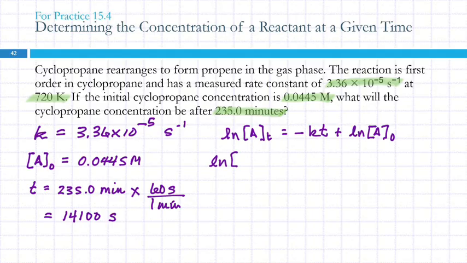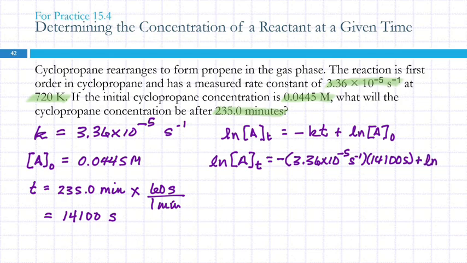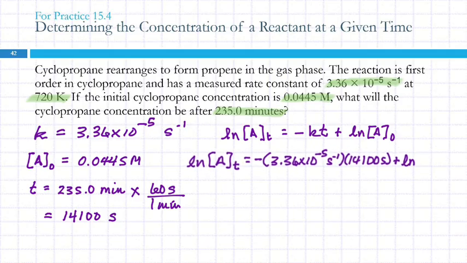So natural log of A_t is equal to negative K, negative 3.36 times 10 to the minus 5 s to the minus 1, times 14100 s, plus natural log of 0.0445. Any questions?